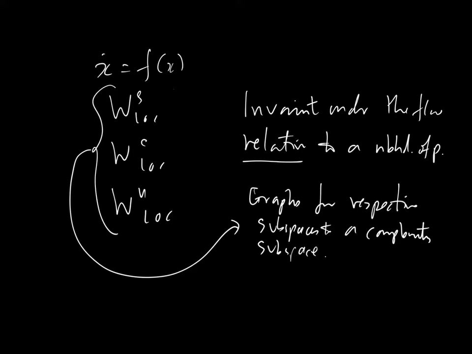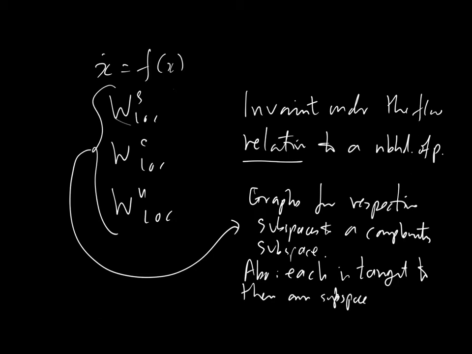So in other words, Ws loc is the graph of a function, and its domain is E minus when shifted to P. Wc loc is E0 when shifted to P. Wu loc is based on E plus when shifted to P. And also, importantly, each is tangent to its own subspace. So Ws loc is tangent to E minus, and so on.